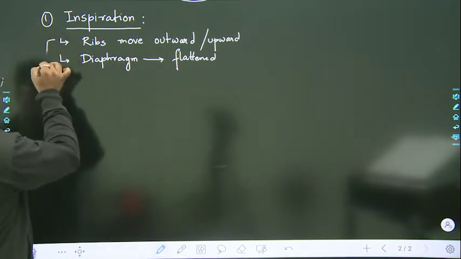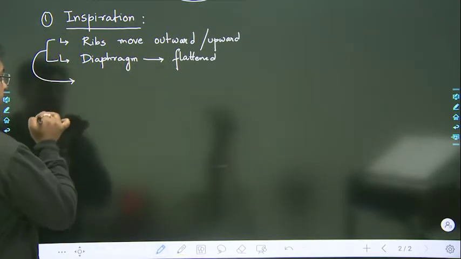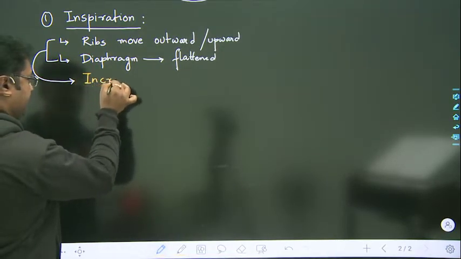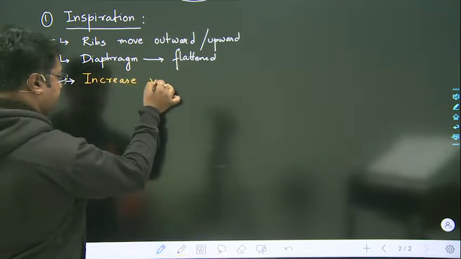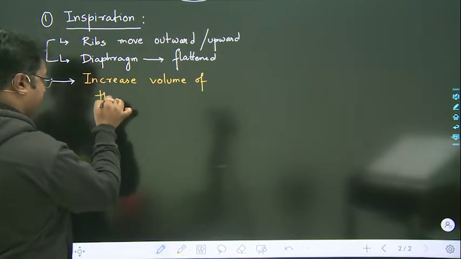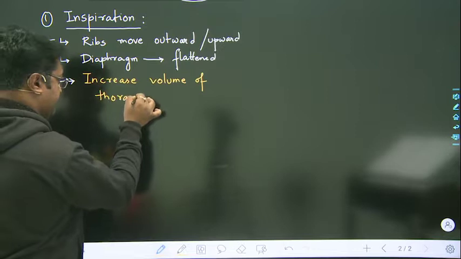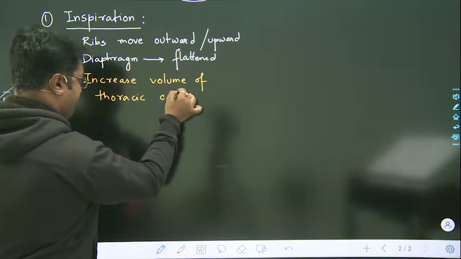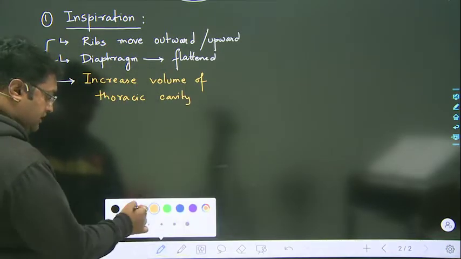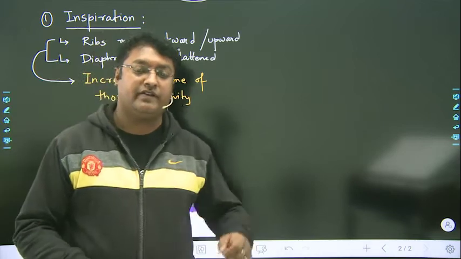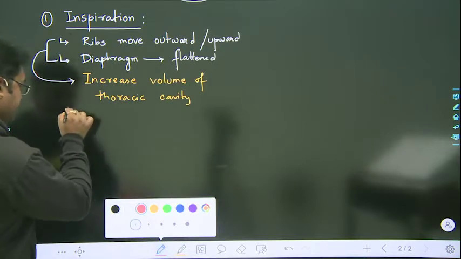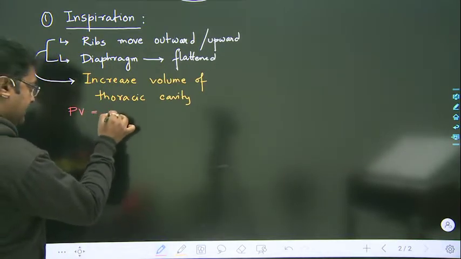So these two phenomena will increase the volume of the thoracic cavity. Now, according to the gas laws which you have already studied in your chemistry lectures, PV equals nRT.